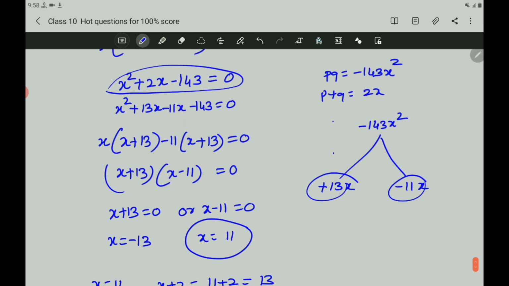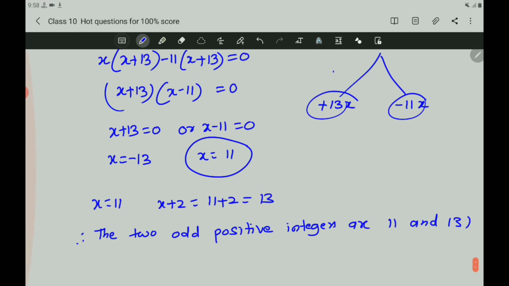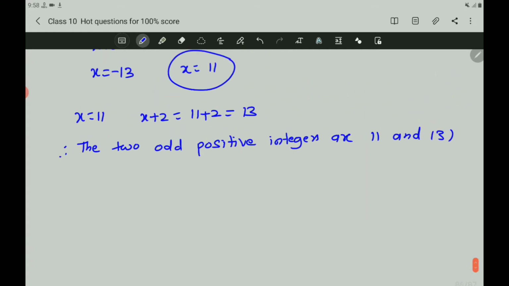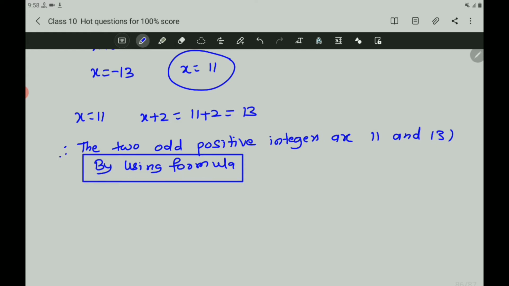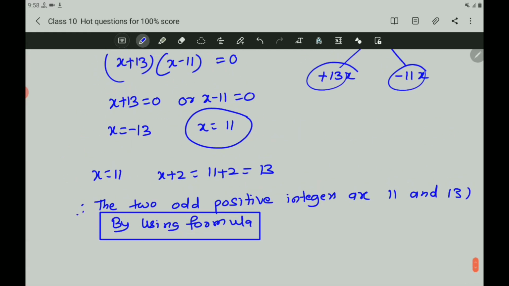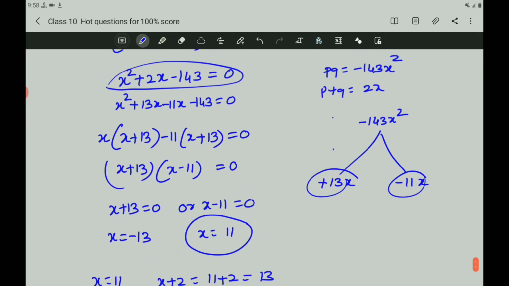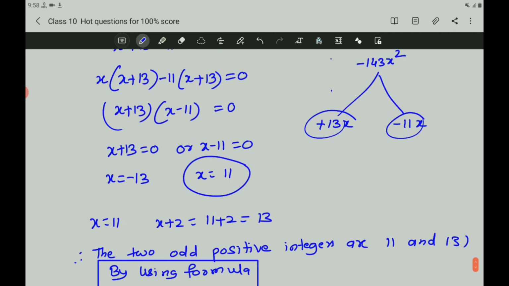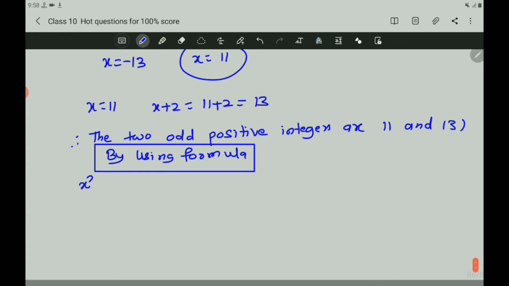So you write the quadratic equation x square plus 2x minus 143 equals 0.